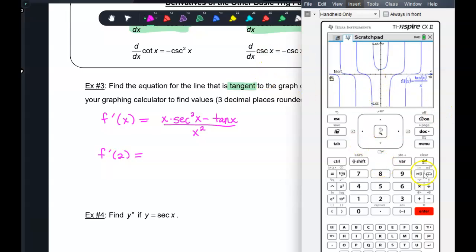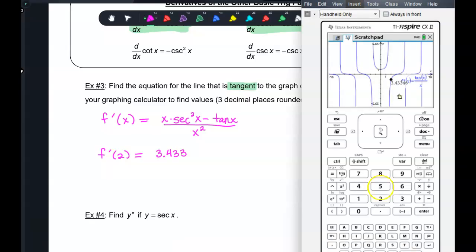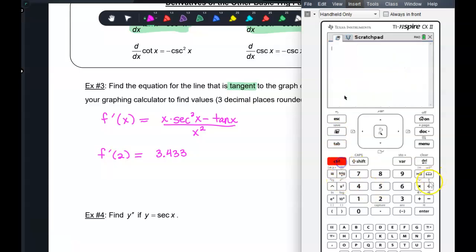So I could just go to the menu, analyze graph, dy dx, type in 2, and I get 3.433.